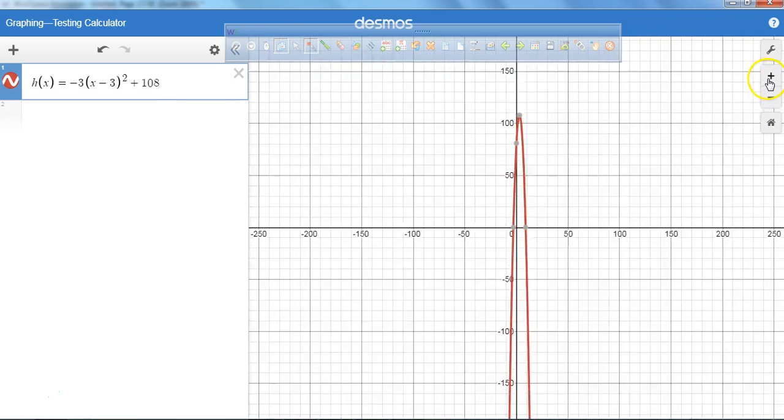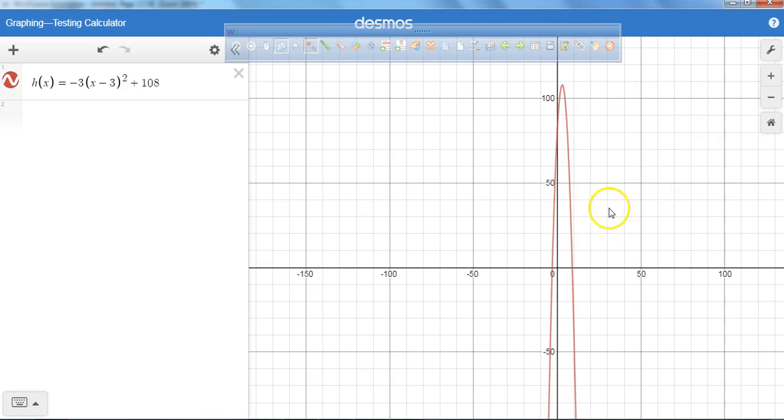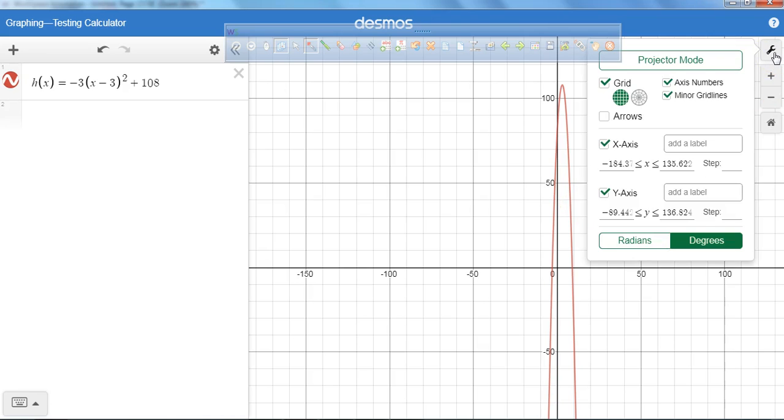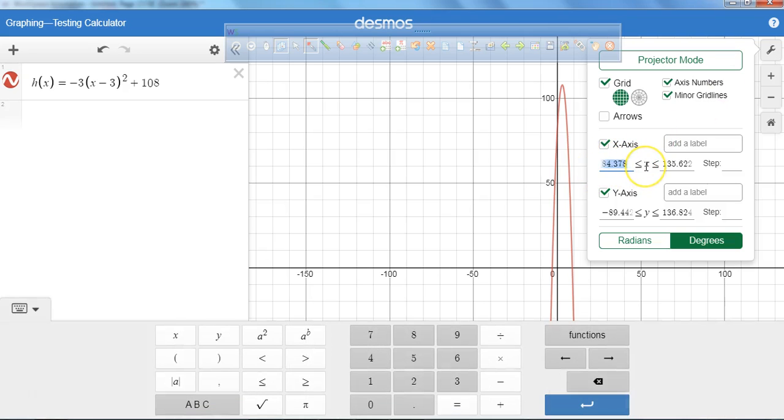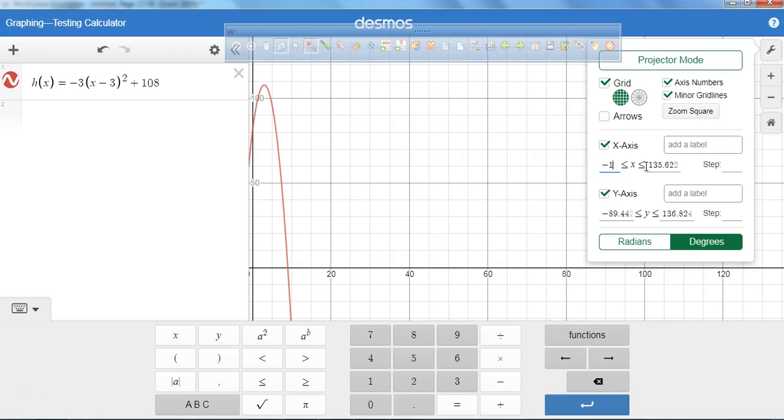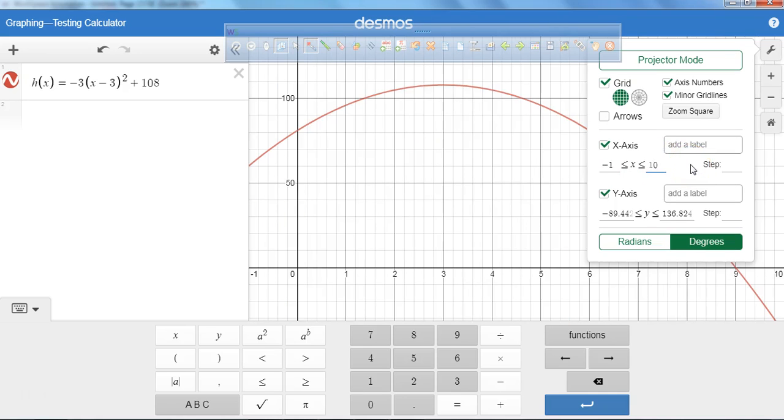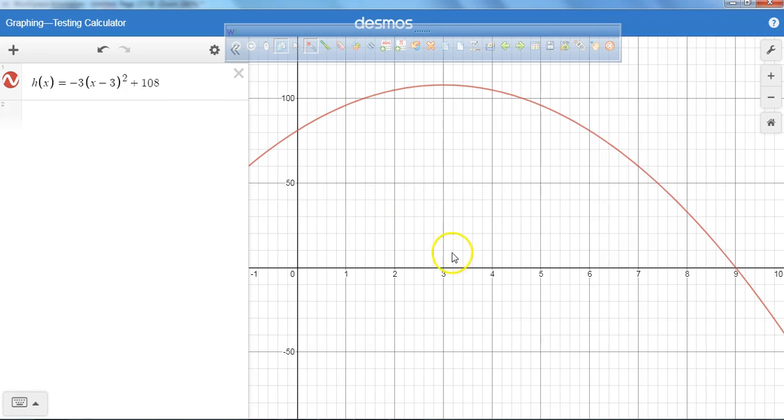Let me zoom in a little bit more here. Now I'm going to make our graph settings a little bit neater. Basically I'm going to start our x-axis at negative 1, and I'm going to put the y-axis at just 10, so it's a little bit easier graph to visualize.